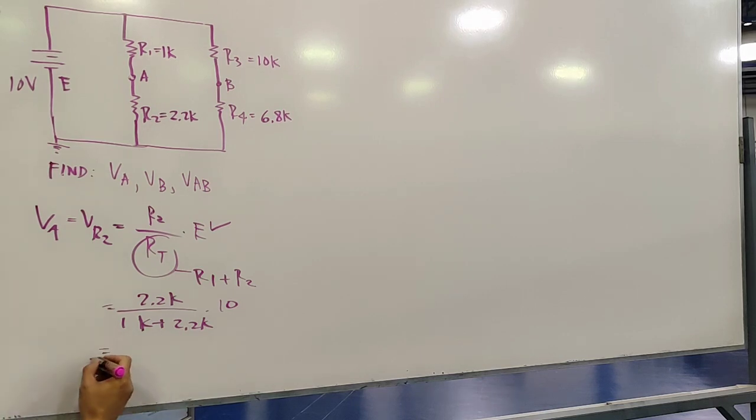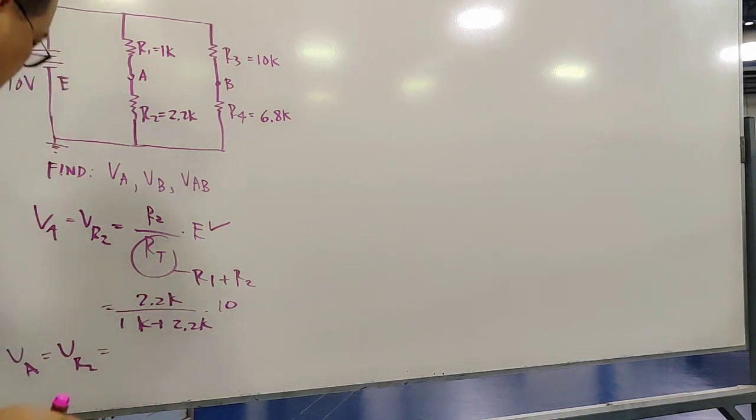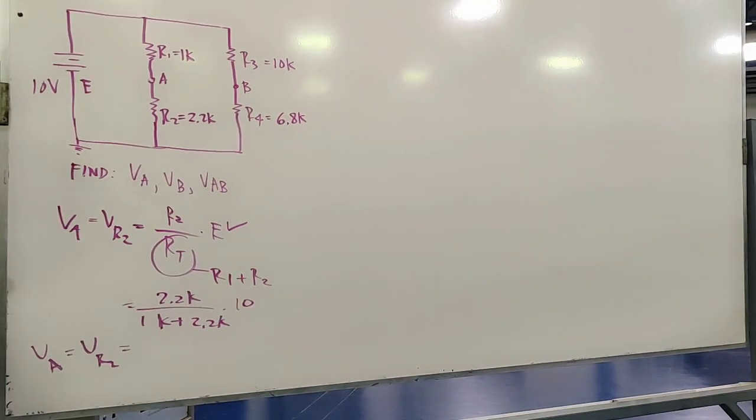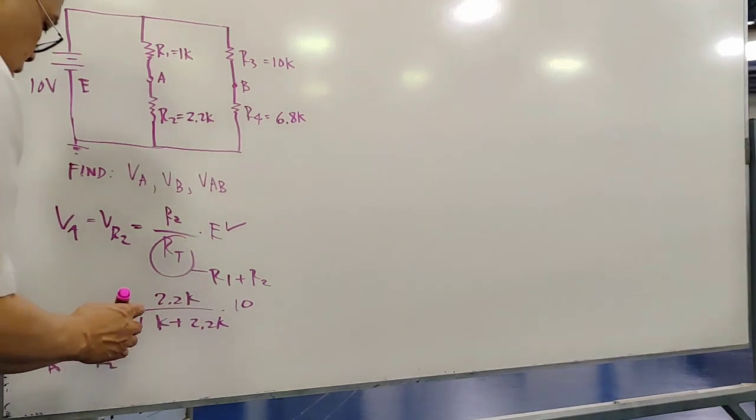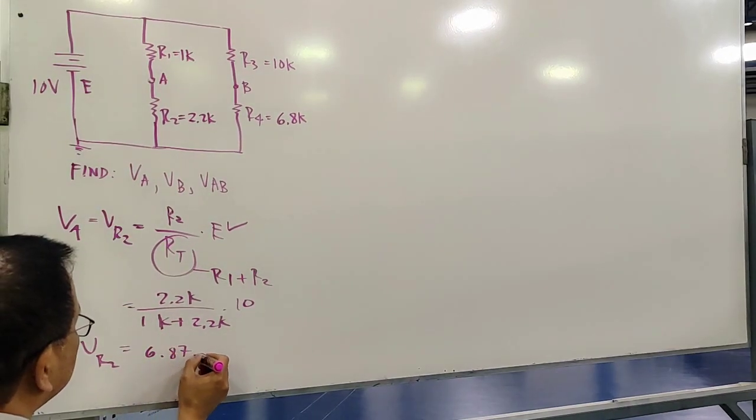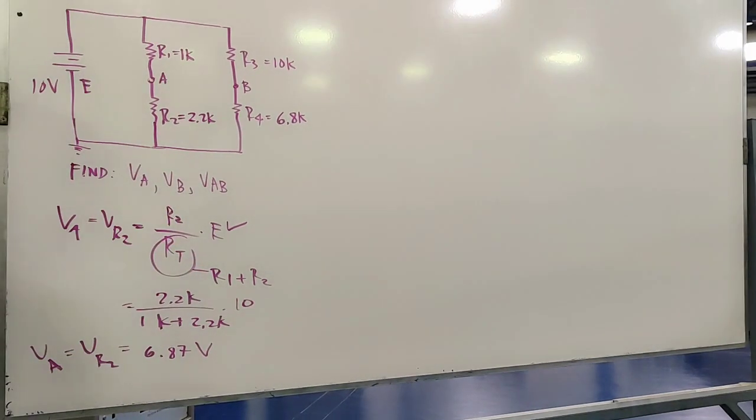So VR2, or our VA value, should be equal to 6.87 volts.